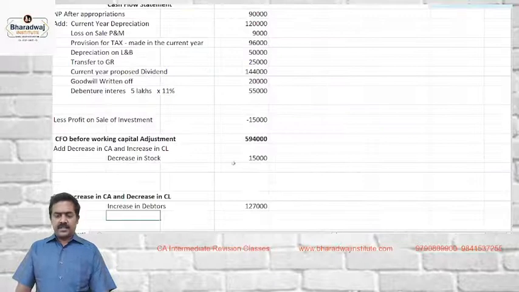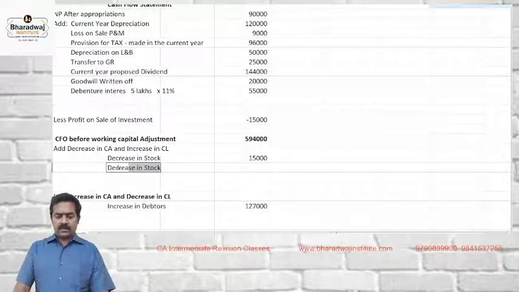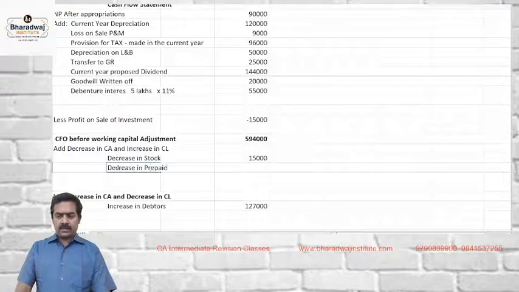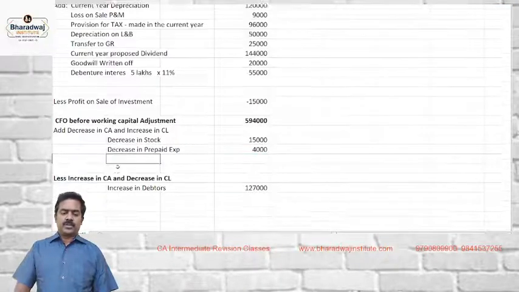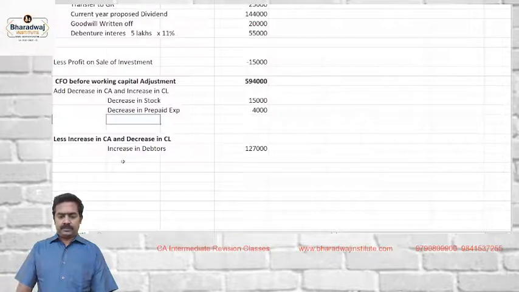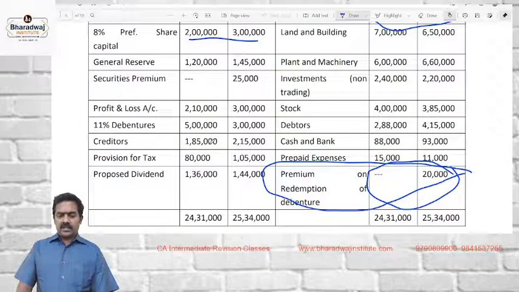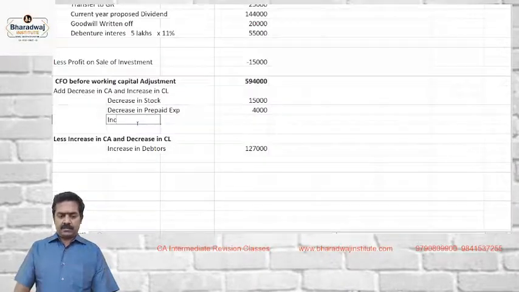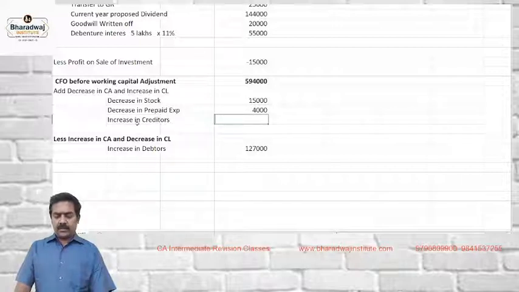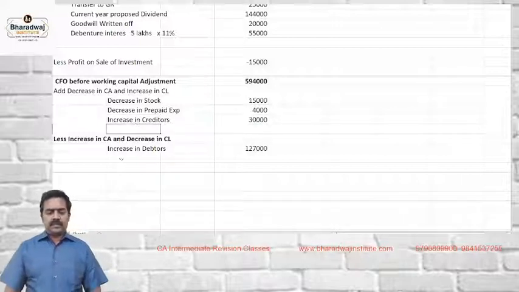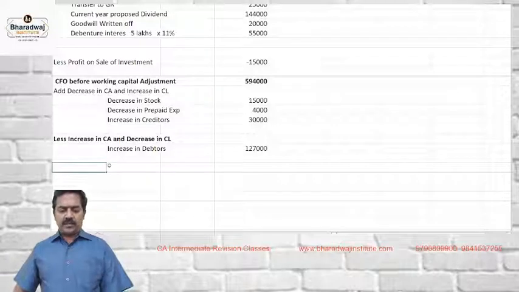Then prepaid expenses decreased. What is the decrease in prepaid expenses? 4,000. Then creditors increased or reduced? Increased. 30,000. Adjust all these things, you will get CFO before tax.